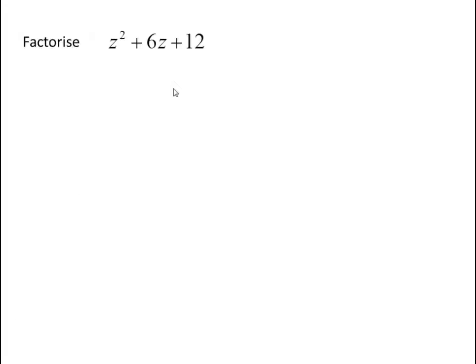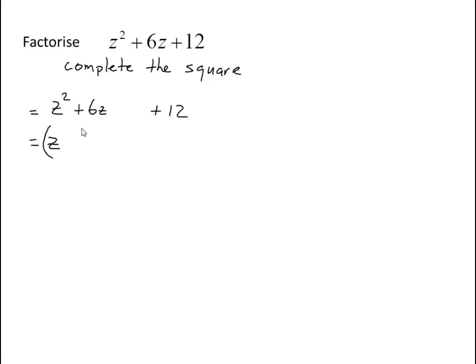Okay, now we get a quadratic, z squared plus 6z plus 12. When we're factorising this, there's two ways of going about it. I'm going to use completing the square. So z squared plus 6z plus 12, and we're looking for our values.